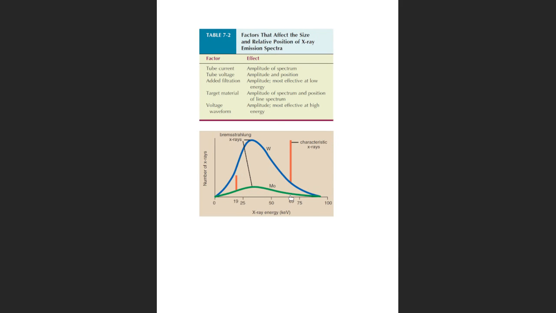This molybdenum target has a lower atomic number, so its characteristic X-rays are produced right down here, around 19 kVp. And as you can tell, because you use lower kVps, we have a lot fewer X-rays being produced overall. So target material will change the discrete portion, which is this line.